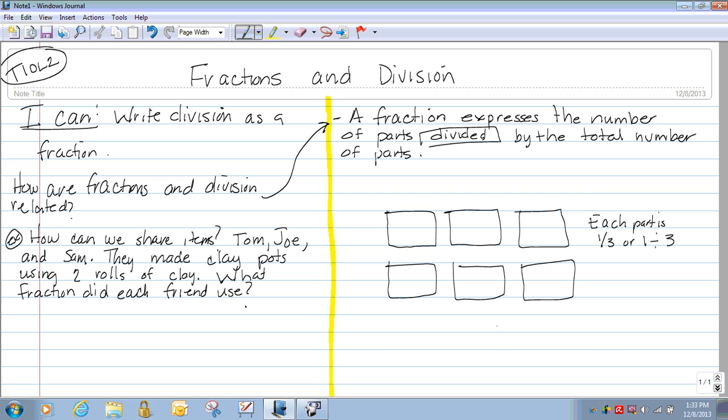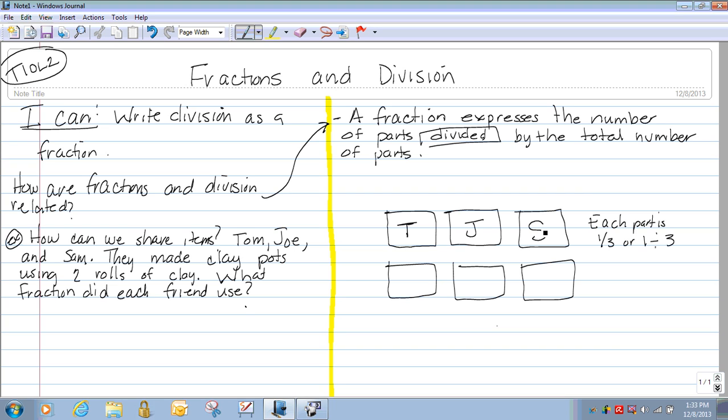If we divide 1 roll of clay among 3 people, what fraction would each person get? Well, each person would get 1/3 of that roll. So Tom would get 1 part, Joe would get 1 part, and Sam would get 1 part.